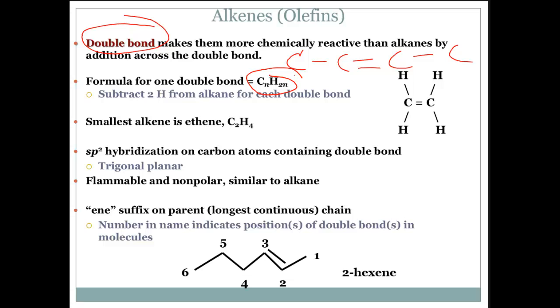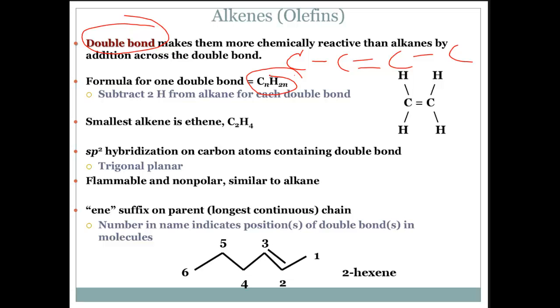We subtract 2 hydrogens from the alkane formula for each double bond. The smallest alkene is C2H4. It's sp2 hybridized on the carbon atom containing the double bond, and it's trigonal planar at that point as well.